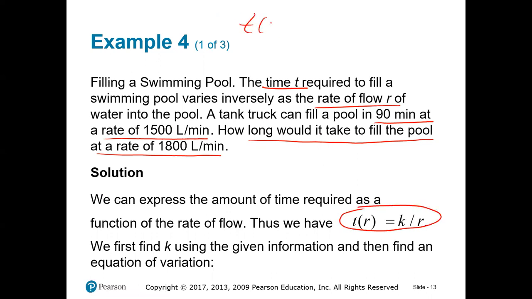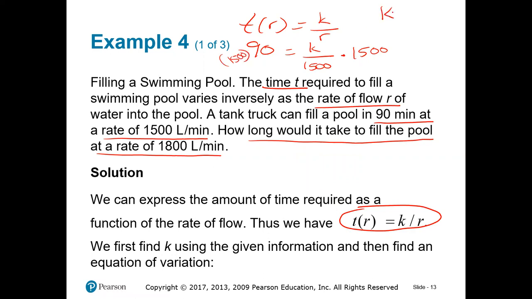So I got T of R is equal to k over R. And we know what the time is. They said that the tank truck can fill the pool in 90 minutes. So that's T. My R, they said, has a rate of 1,500 liters per minute. And now we've got to solve for k. Well, in order to undo the fraction, I'm going to multiply both sides by the denominator.